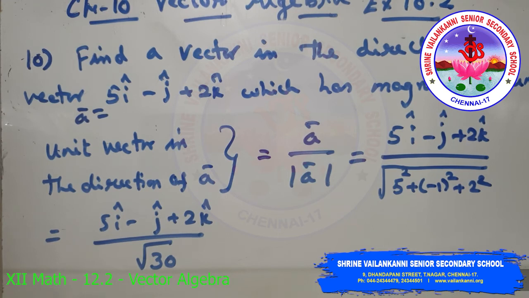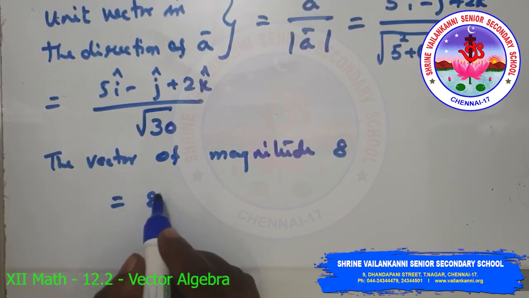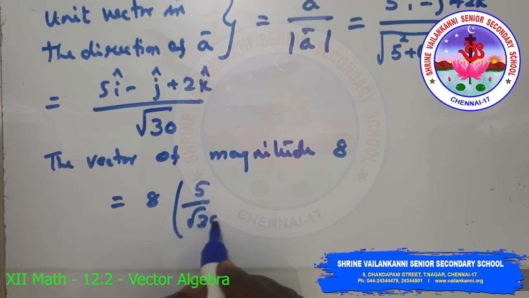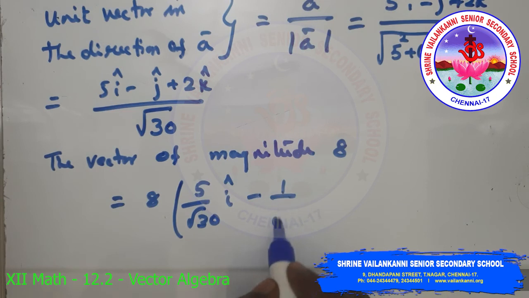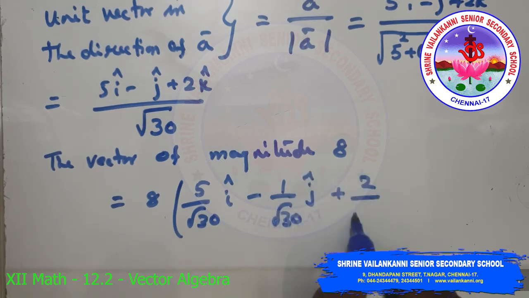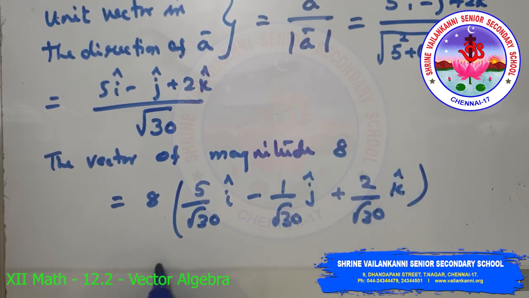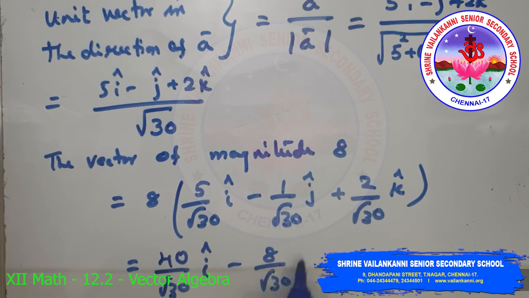The vector in the direction of vector 5i minus j plus 2k, which has magnitude 8 units, is 8 into 5 by root 30 of i minus 1 by root 30 of j plus 2 by root 30 of k, which is equal to, multiplying by 8, we get 40 by root 30 into i minus 8 by root 30 into j plus 16 by root 30 into k.